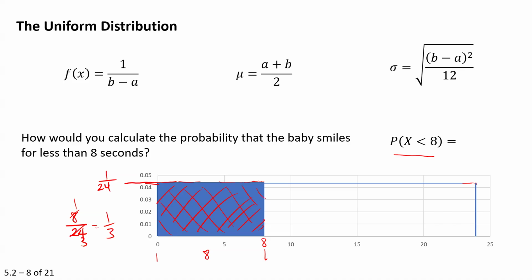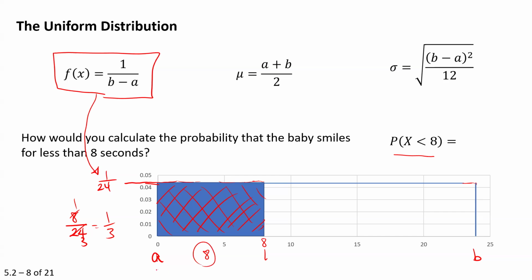But let's also expand this out to get a nice little general formula. How did we get this 1/24th if we're just looking at A's and B's? This 1/24th was 1 over B minus A, right? So that's where that came from. Where did the 8 come from?